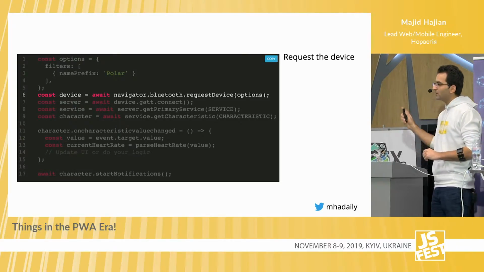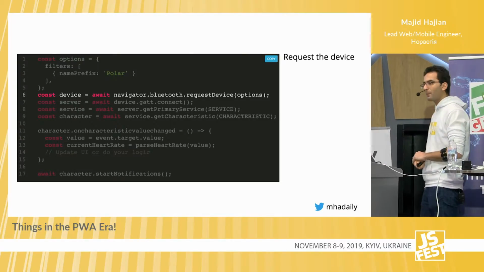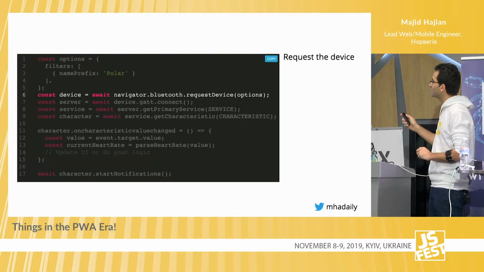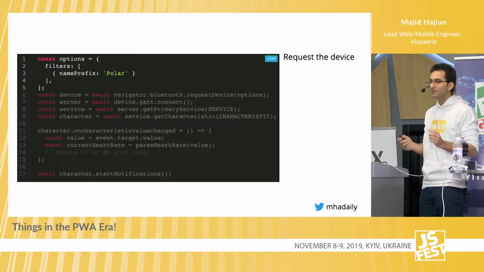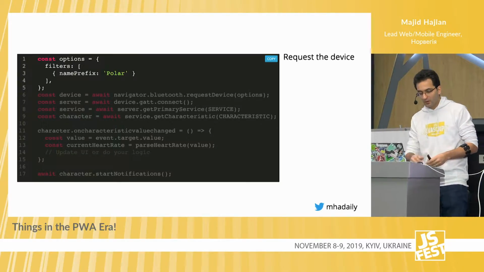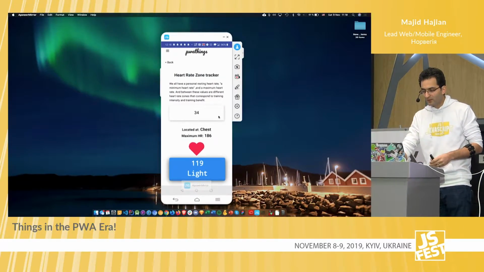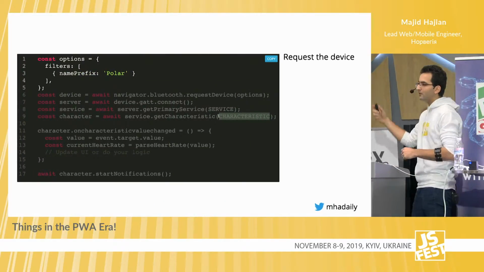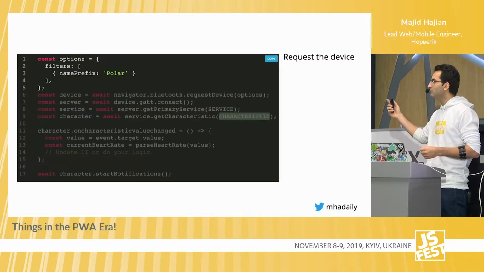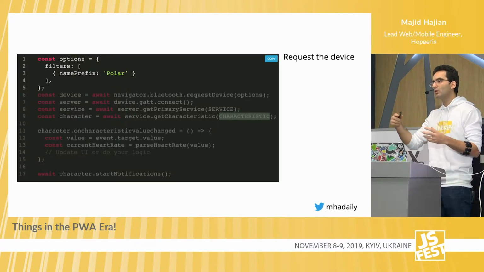In Navigator, you're going to have a Bluetooth API, and then you can request a device with, of course, different options, as you saw in the first demo, and I think it's still working. Okay. All right, so I filter the device by name, because the name of the device is Polar something.